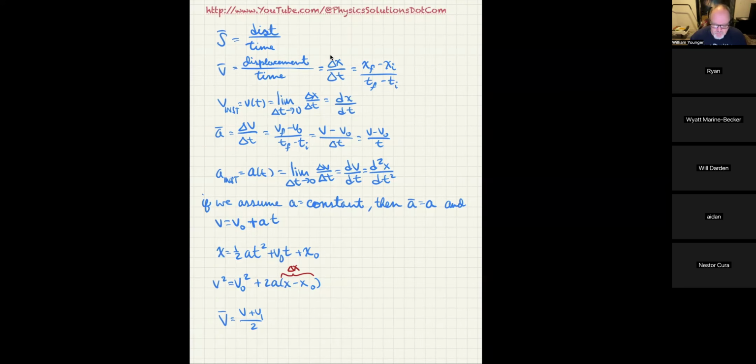I will tell you that the definition of average velocity also gives us this nice little equation, x is equal to x0 plus v bar t, and that's true at all times.